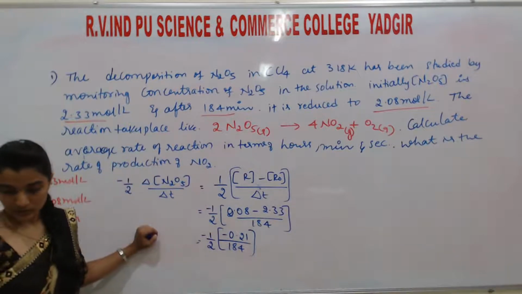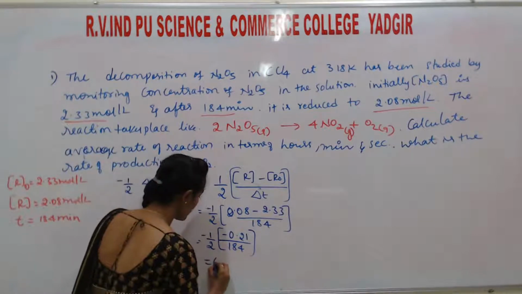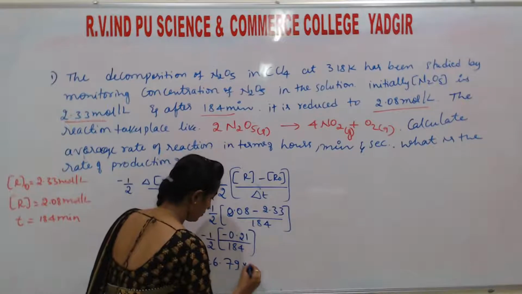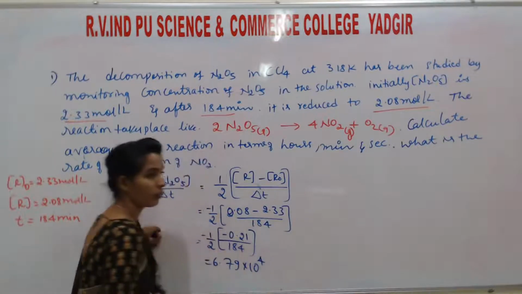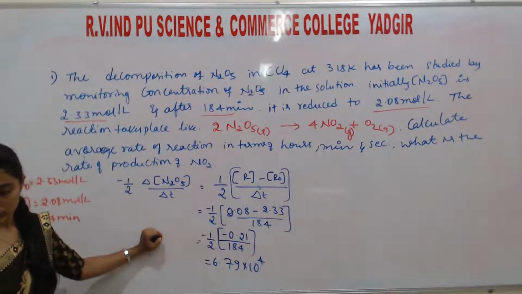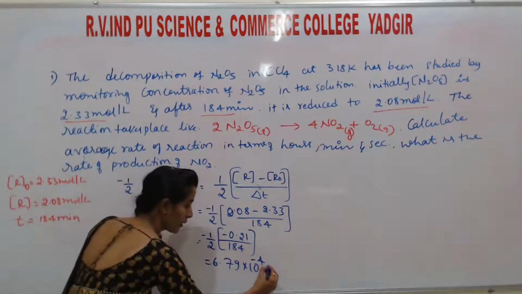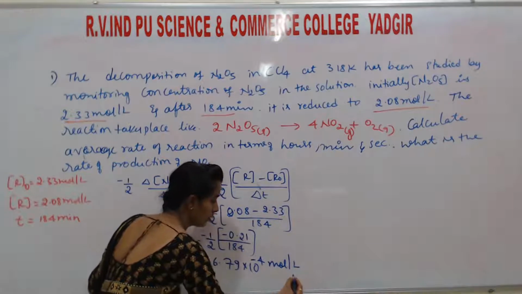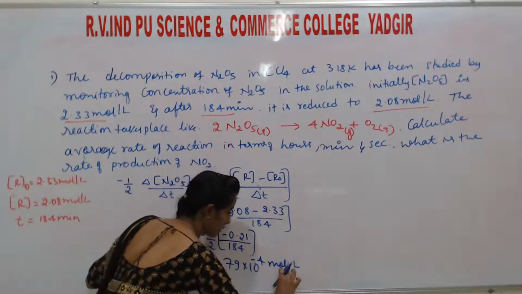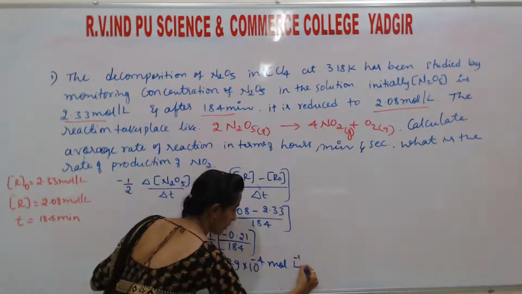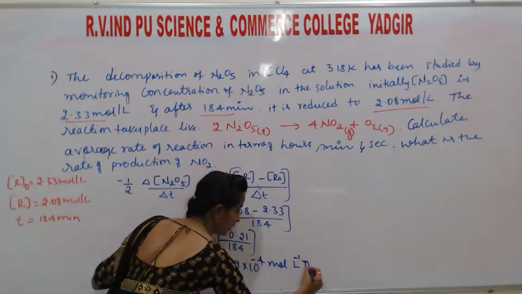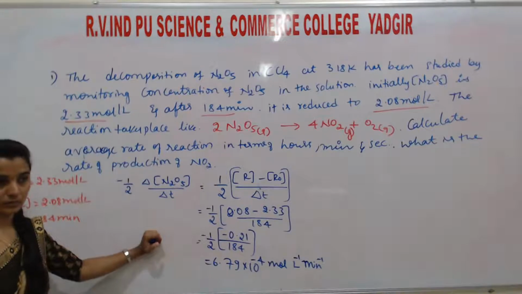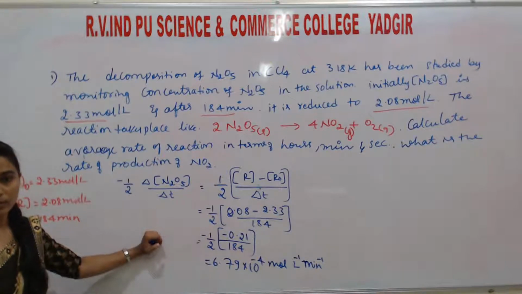So approximately students will get 6.79 into 10 to the power minus 4 mole per liter per minute.